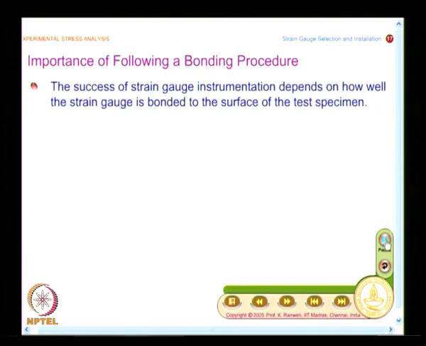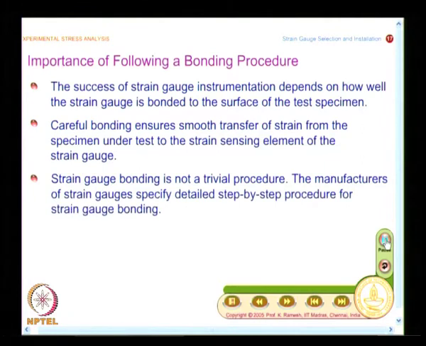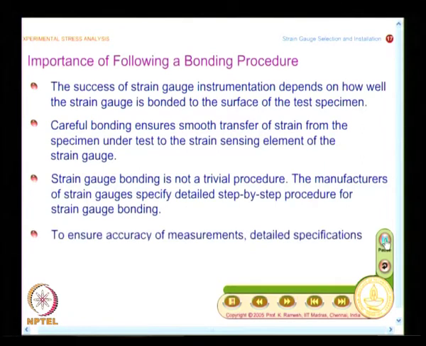Now, we have selected the strain gauge for our given application. The next important step is to bond the strain gauge to the specimen concerned, and this is a very important step. The steps require detailed preparation of the surface, bonding, alignment, soldering, etc. One needs to learn the steps carefully and also follow the steps that we discuss.